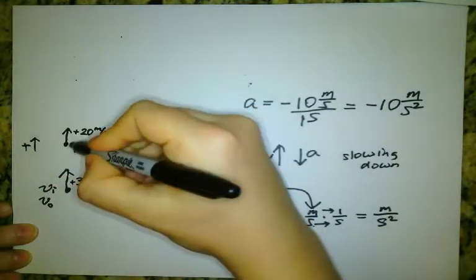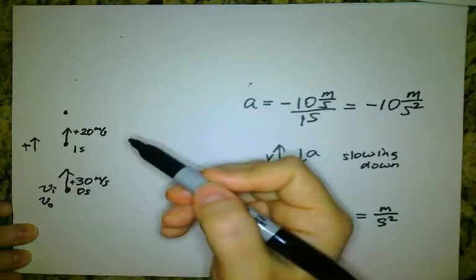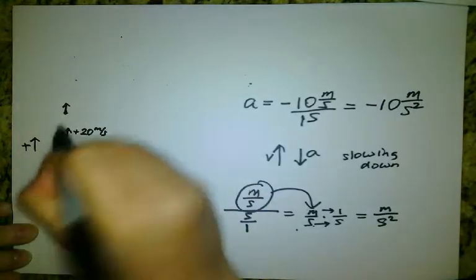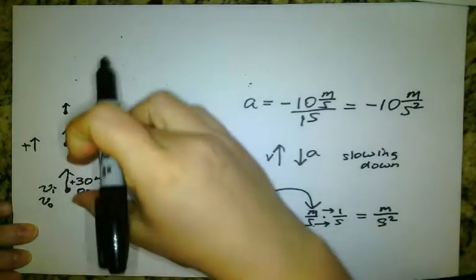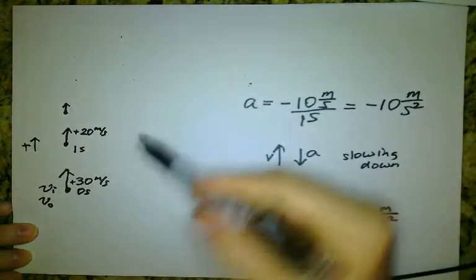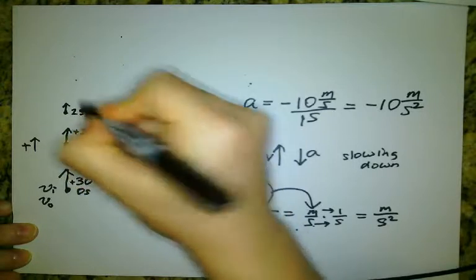It doesn't go as far each time, so the distance is decreasing, right? Between this second, it goes further than during this second. So here I have at 2 seconds, dropped by another 10, that's 10 meters per second. And then during the last second, I'm going to have to decrease my distance even more.